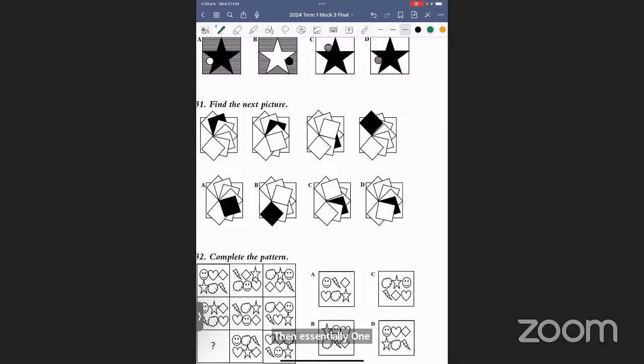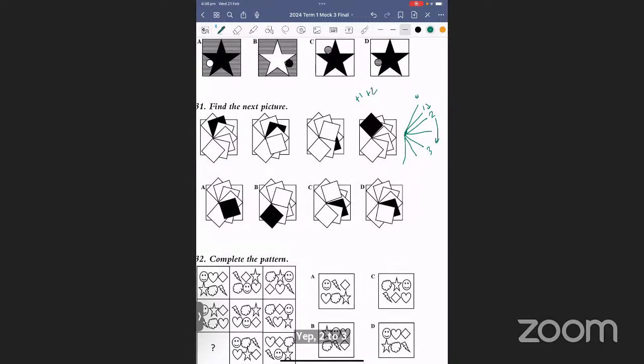All right. So once you have the reference point, once I draw out my little map, we can map it. The black starts off here 1, goes here 2, goes here 3, and goes here 4. 1 to 2, Shanvi, how much does it move? +1. Yep. 2 to 3? +2. Good. And then 3 to 4?